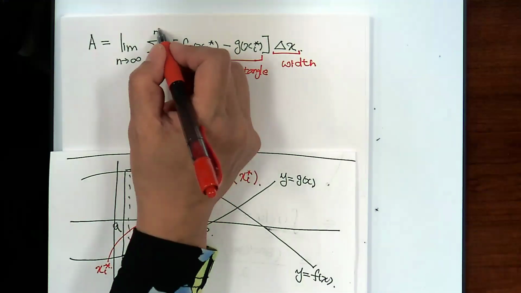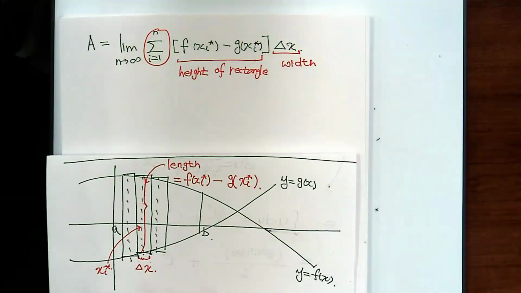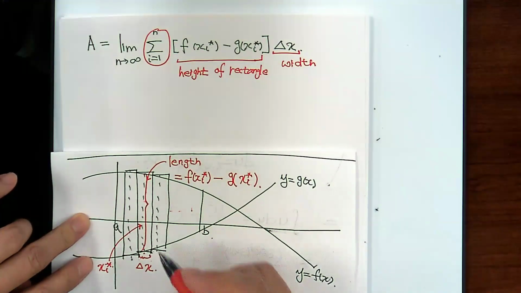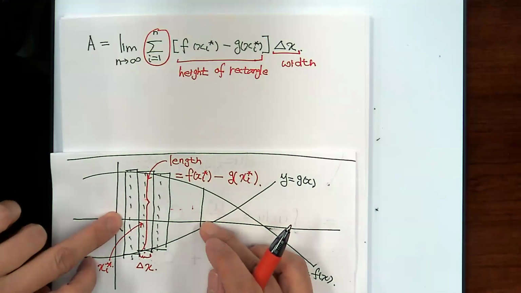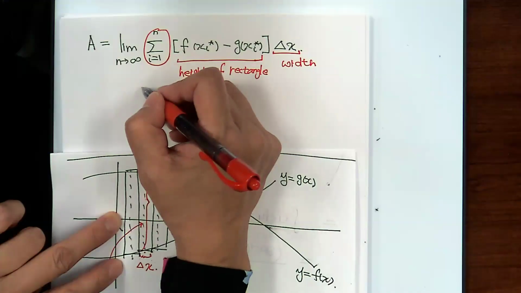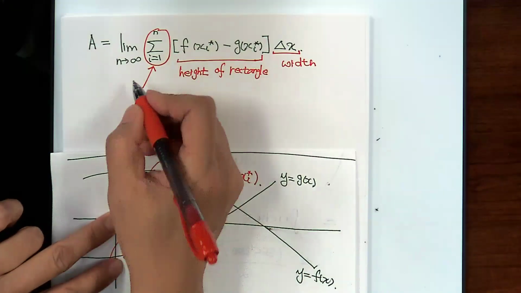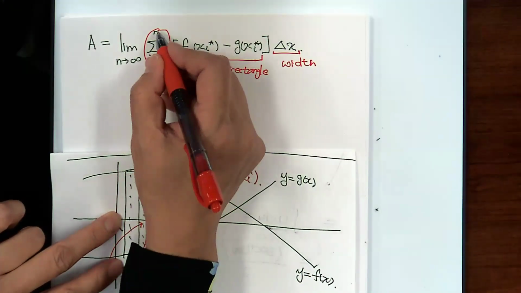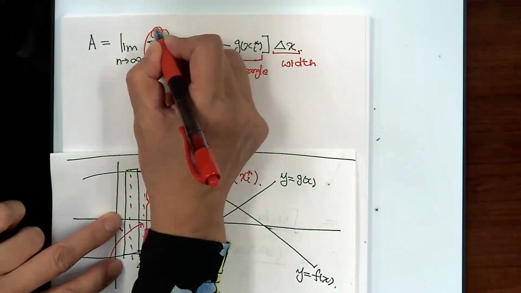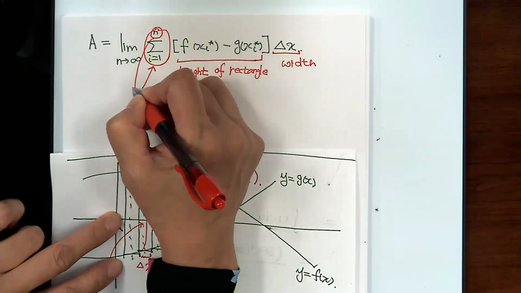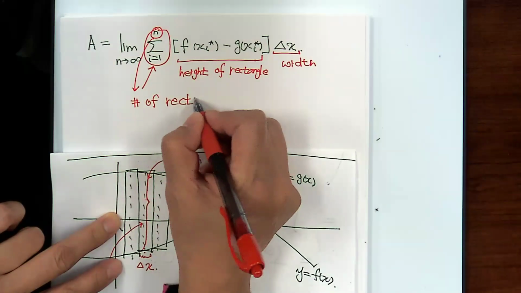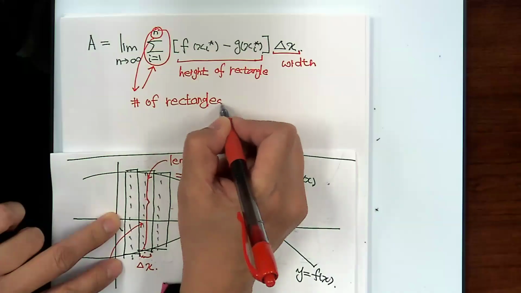And then this summation notation is just saying that we are breaking this interval into a finite number of intervals. So that means this n is the number of rectangles.